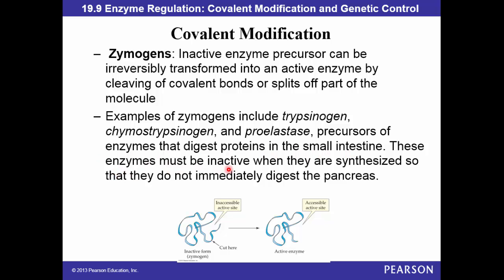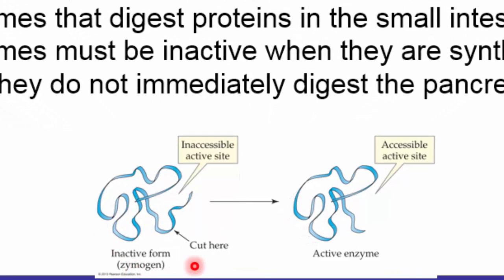These enzymes must be inactive when they are synthesized, so that they do not immediately digest the pancreas. So they are synthesized and stored in the pancreas. But once they are secreted into the intestine, they undergo cleavage. If this is your inactive form, the zymogen, it is cut here.